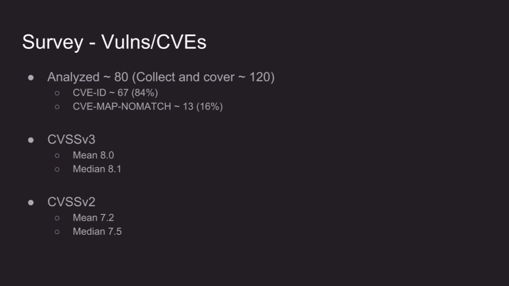So let's go to some numbers. We analyzed these 80 vulnerabilities. Why do we say vulnerabilities or CVEs? Well, because as you can see here, from the vulnerabilities actually used by IoT malware in this subset, only 85% have a proper CVE ID attached, so you can more or less track that vulnerability or reference it or look it up in various databases, whereas around 15% of vulnerabilities have no CVE ID whatsoever.